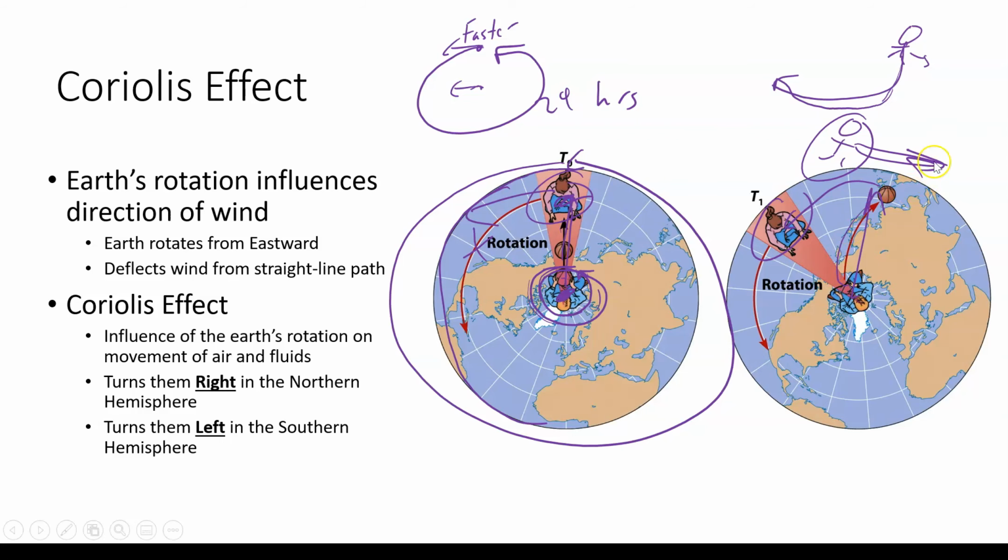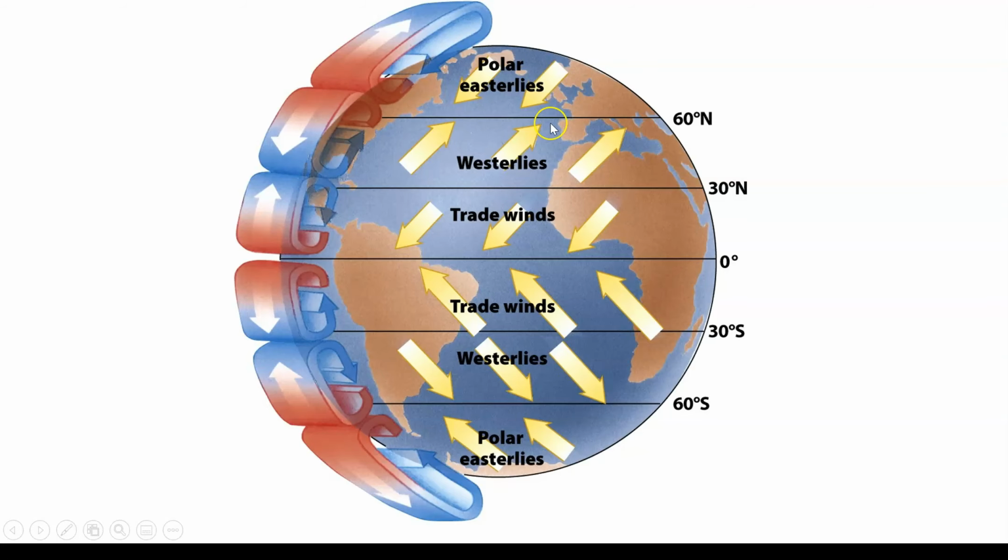Okay, now that's essentially what happens with our global wind patterns, right? So we have low pressure and high pressure areas. Okay, now air is going to travel from high to low.